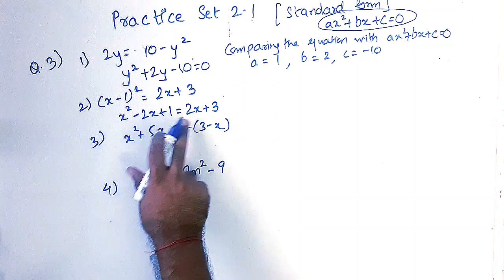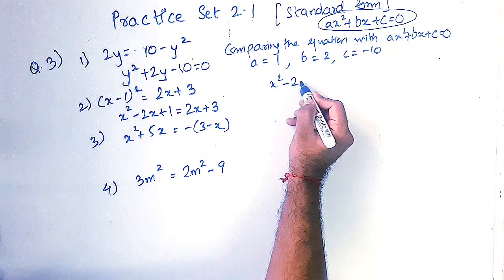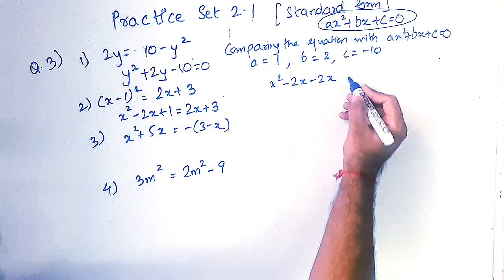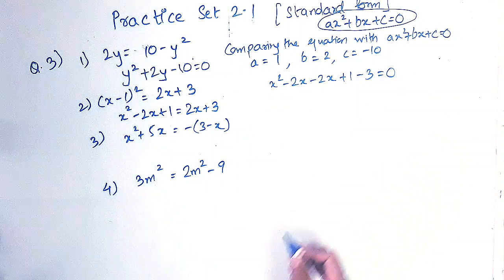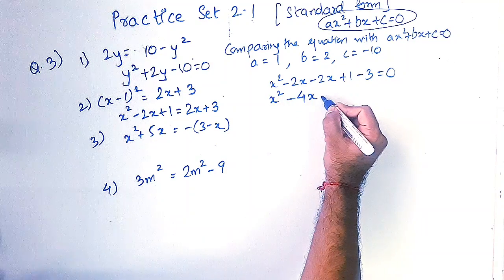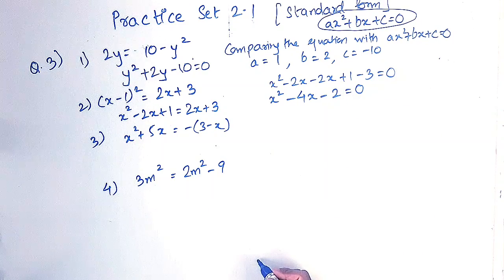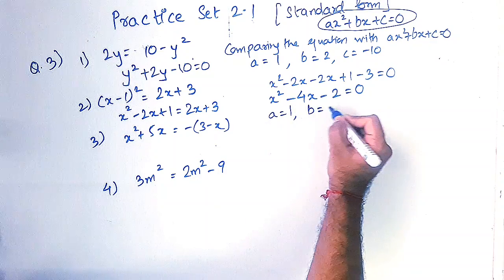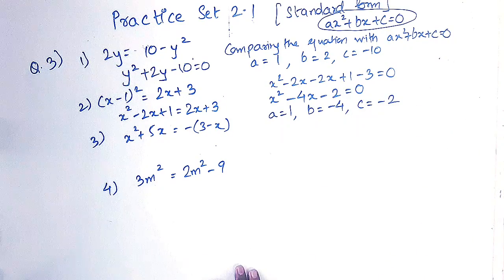Okay, now if you observe, I'll arrange it further. x square minus 2x, 2x I'll bring it here, it will again become minus 2x plus 1, 3 I'll bring it here, minus 3 equals to 0. So you got x square minus 4x minus 2 equals to 0. Okay, so you got a equals to 1, b equals to minus 4, c equals to minus 2.